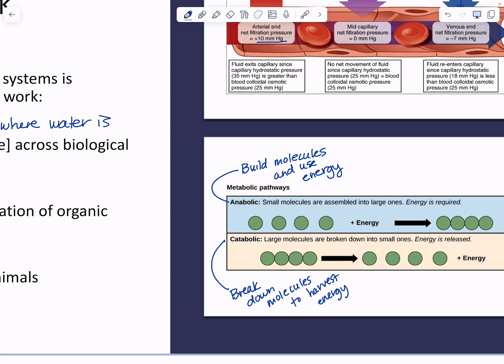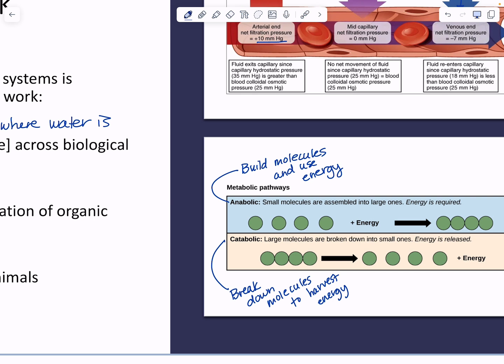If you've ever gone through the steps of glycolysis in a biology class, you'll know that the first half of glycolysis is what we call the energy investment phase, and the second half is the energy harvesting phase. So you have to put in a couple of ATP, but you get twice as much out, so you net more ATP than went in. So the pathway produces energy, but individual reactions may require energy.